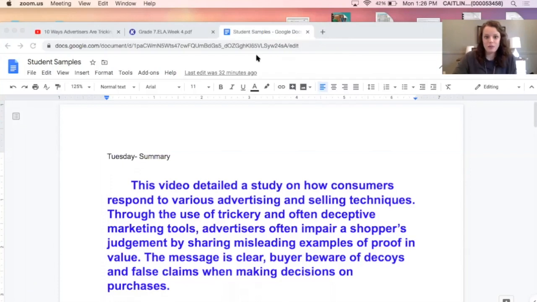How many sentences did you use? Because in a summary, we should never use more than 2 to 3, because we want it to be just straight and to the point. Like I said, only the central idea and most important details. So in this case, I want you to really focus on comparing what you wrote to my example of a summary.